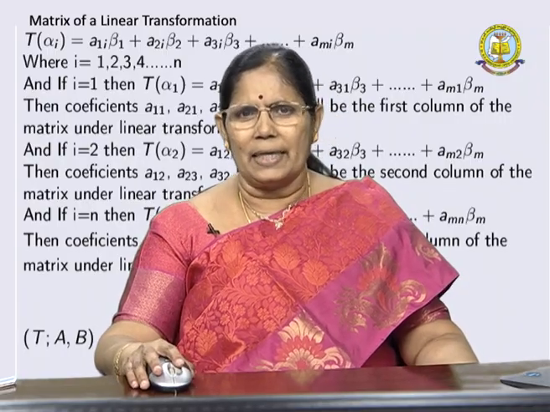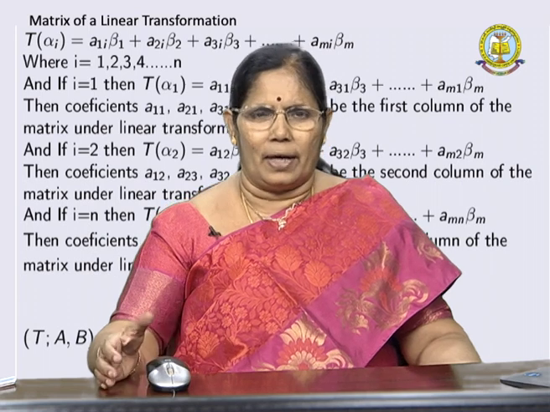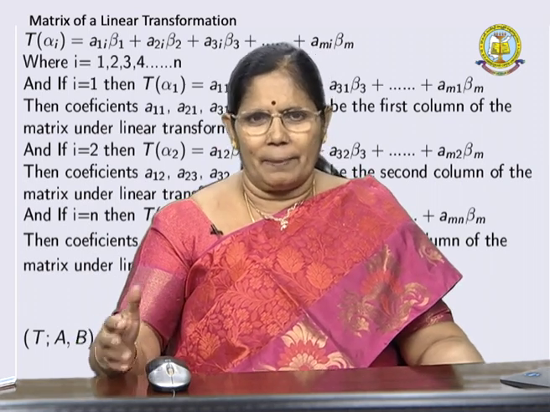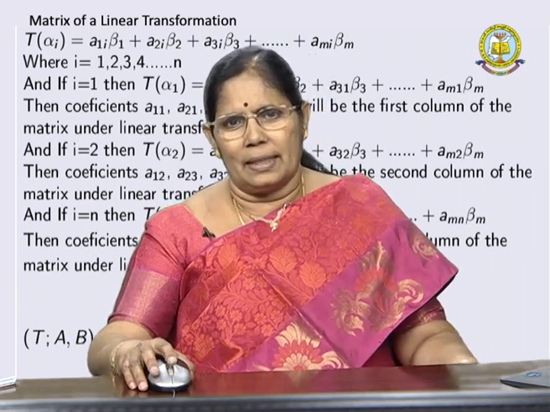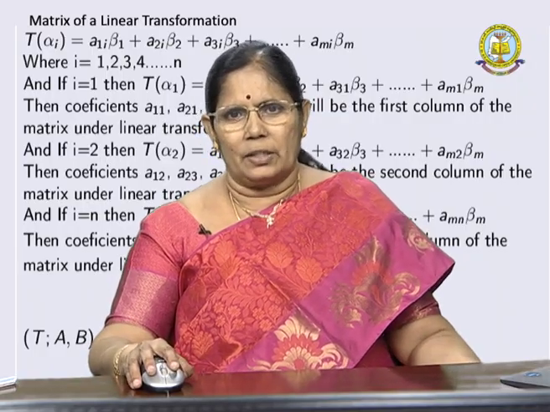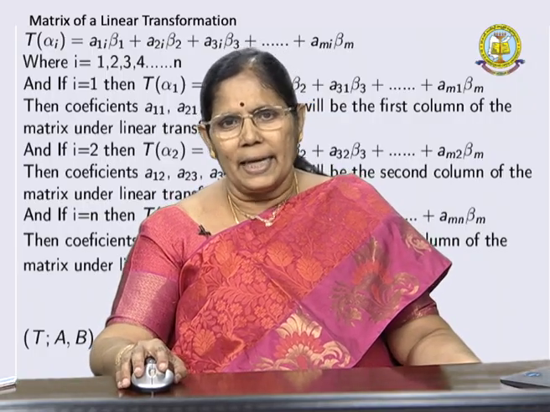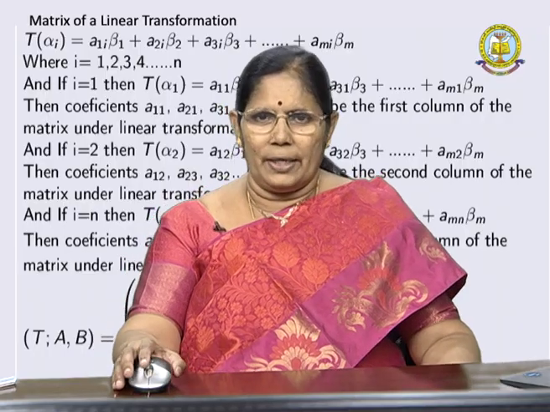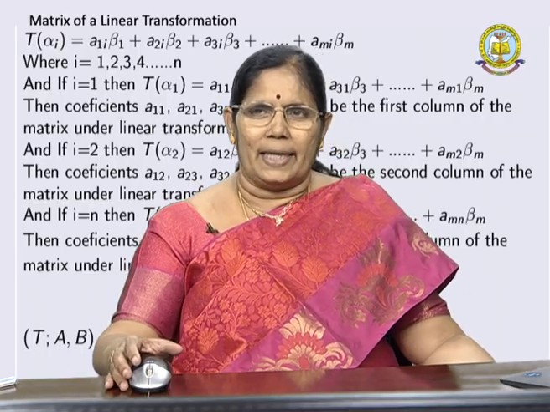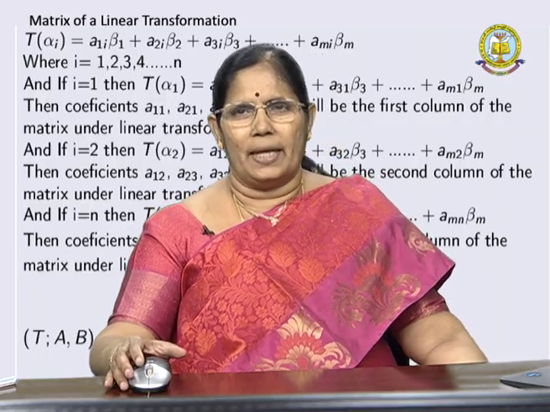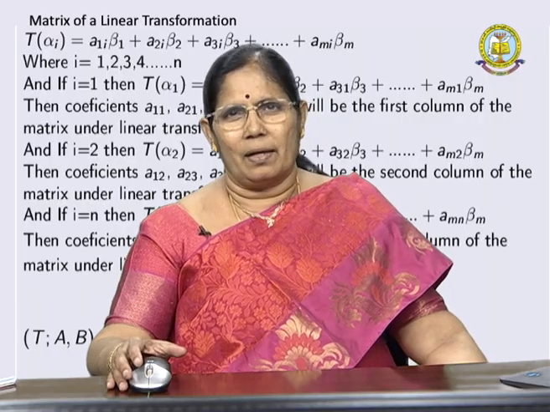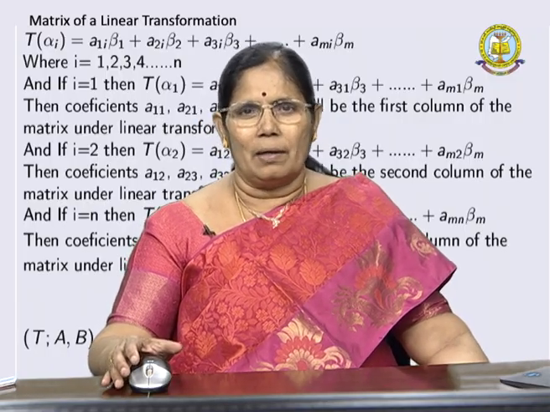Easily you can prove that T1 plus T2 at alpha, which is T1 of alpha plus T2 of alpha, is a linear transformation from U into V by using the property T of a alpha plus b beta is equal to a into T of alpha plus b into T of beta.